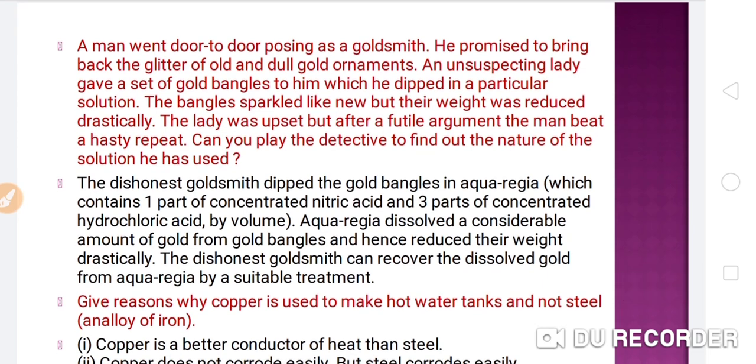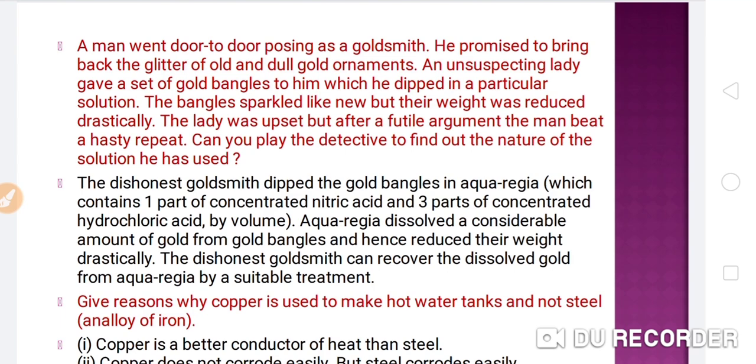The bangles sparkled like new, but their weight was reduced drastically. The lady was upset, but after a futile argument, the man beat a hasty retreat. Can you play the detective to find out the nature of the solution he has used?